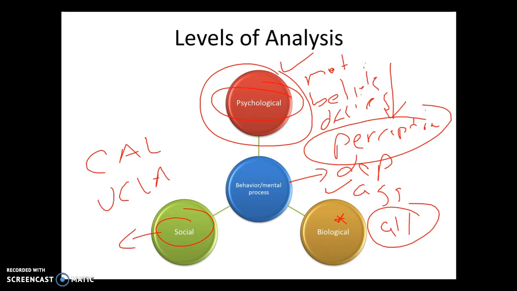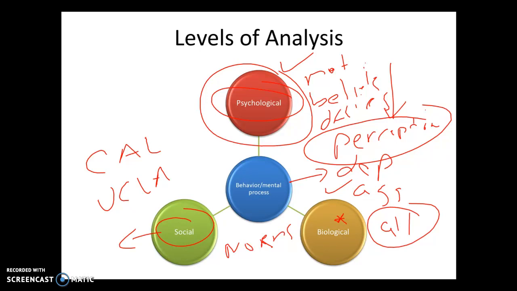We tend to laugh about 40% more in the presence of other people than we laugh when we're alone, right? How many times do you laugh when you're alone? Sometimes, but we laugh more in the presence of other people. So the social or the social cultural influences are looking at the presence of other people. It looks at social norms, right? Do norms and expectations influence the way we behave?